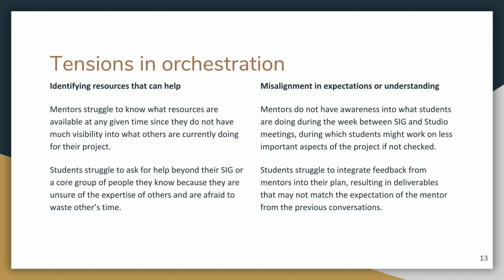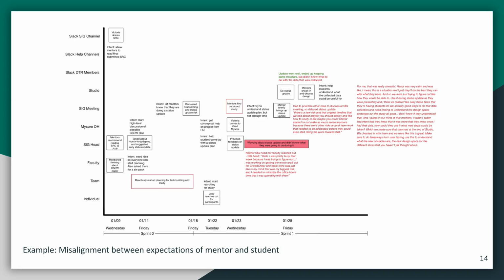Yeah. And so one example of this misalignment between expectations is there's an example here of how a student team talked early on in the quarter about how they might try to write a paper for a conference that was due basically at the end of the quarter.